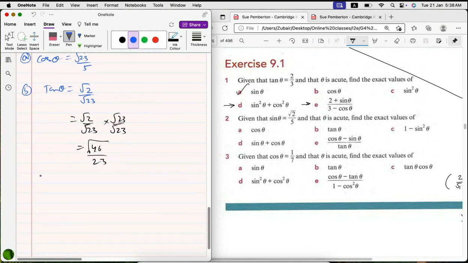C part is 1 minus sine squared theta. 1 is there, and sine squared: sine theta is given in the question, square root 2 by 5.